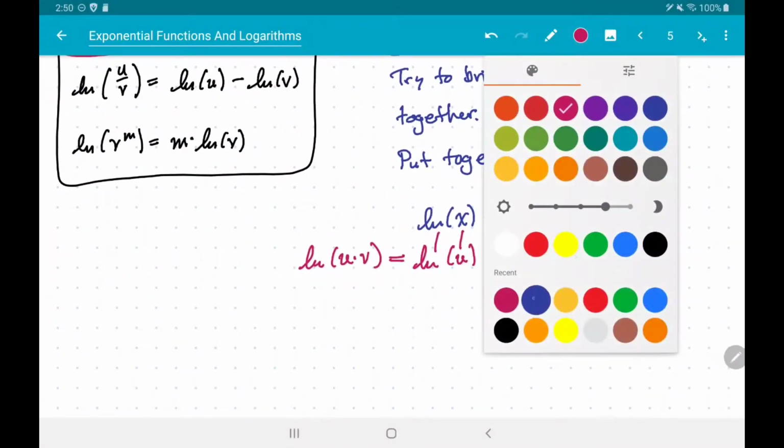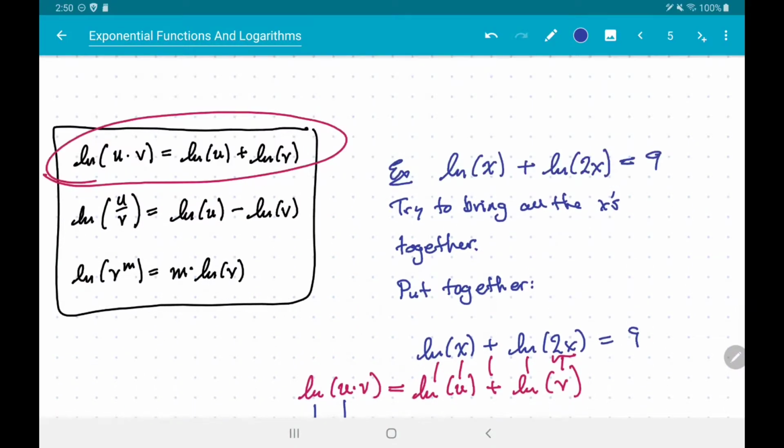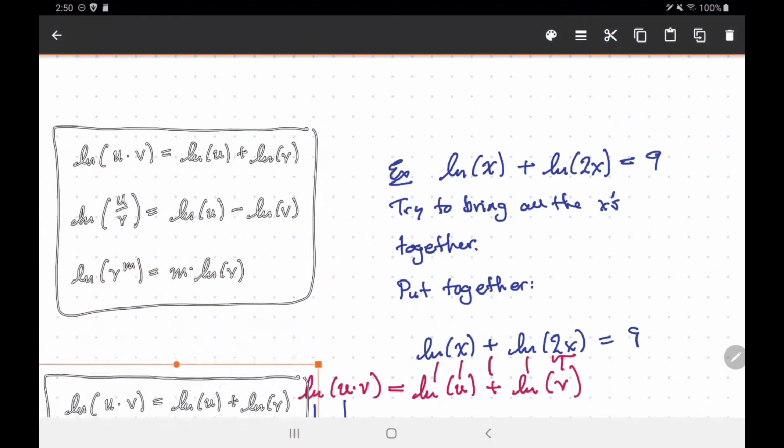Okay. So when I fill in over here, I need ln of u, which is x, that's right there, times v, which is 2x, and that's the replacement for the left-hand side. And then I'll just keep the 9 from before. So there you go. We've used that. Let me move my reference thing down a little bit.